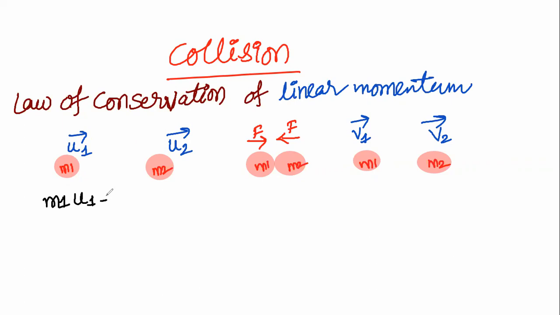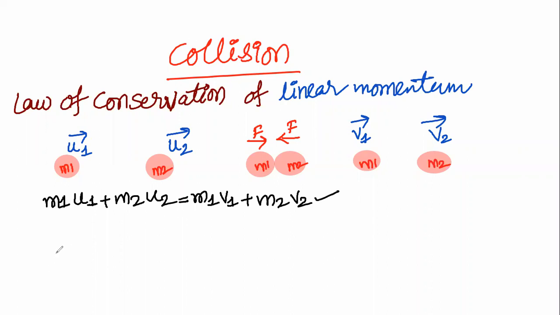So m1 u1 plus m2 u2 is equal to m1 v1 plus m2 v2. This is according to the law of conservation of linear momentum.